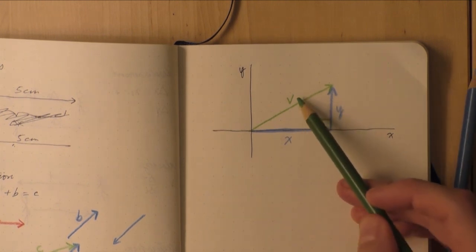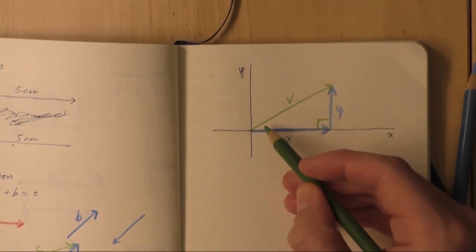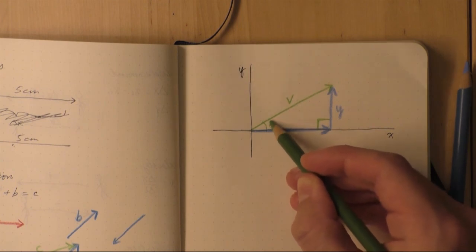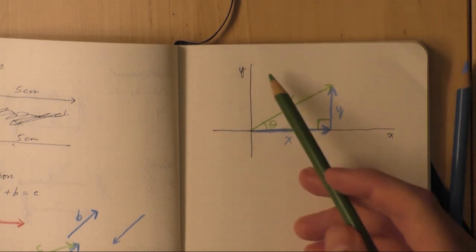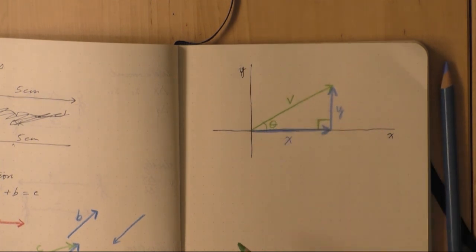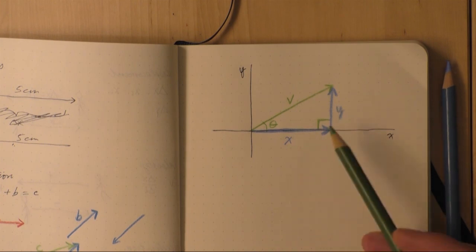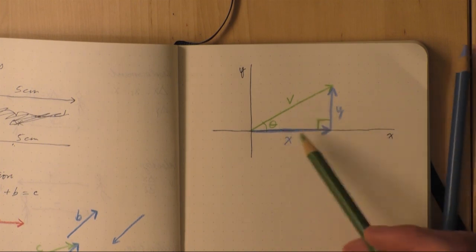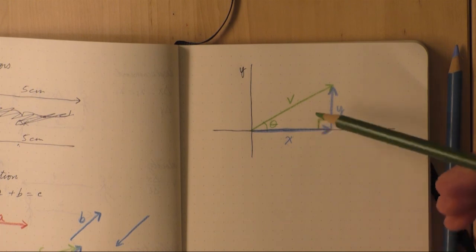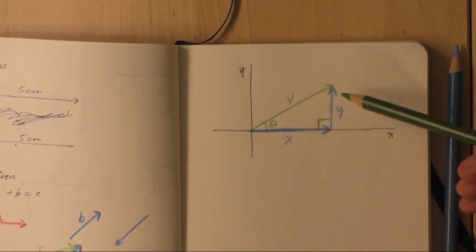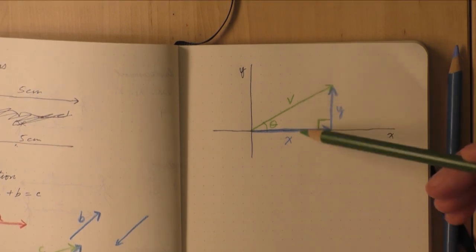So if we know the length of this and the angle here, I'll just draw theta, if we know the length and the angle, then we can find these two sides easy. You guys have taken geometry, I think. And we just use a tiny bit of trigonometry in order to find other sides.